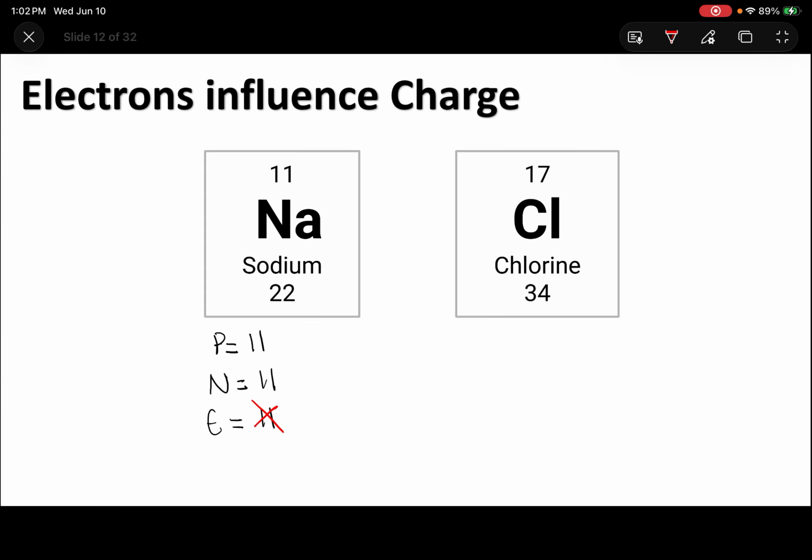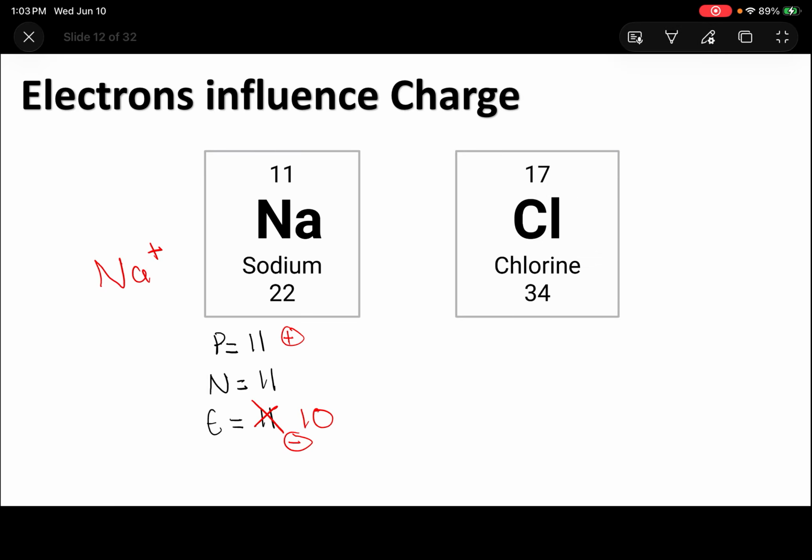I say, nope, I'm taking away your electron. Now you have 10 electrons. So I have lost a negative. So now sodium, I'm going to call it sodium plus. It has lost an electron, so it has a positive charge to it. I now have more of these positive charges than I do of these negative charges. I have 1 more positive than I do all my other negatives.